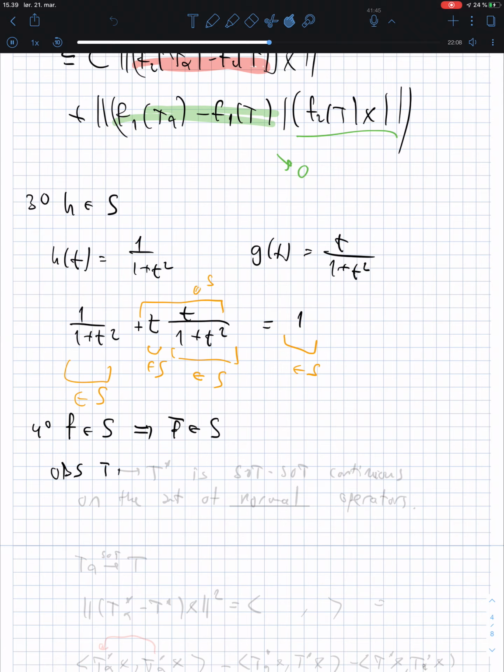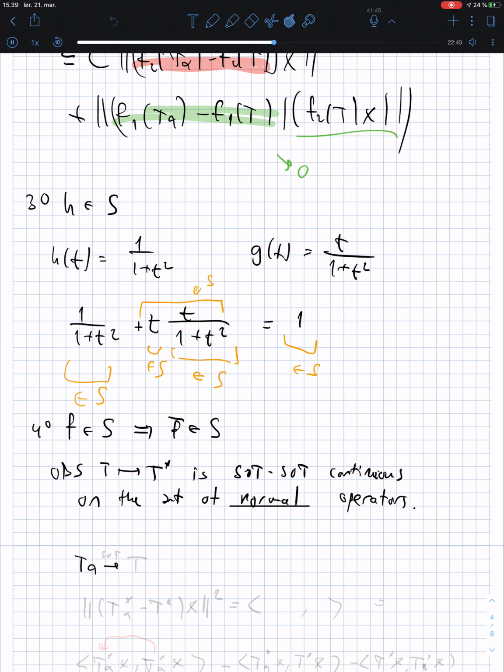The map T goes to T star is strongly continuous on the set of normal operators. So we've seen that it is not strongly continuous in general, and it's fairly easy to see.